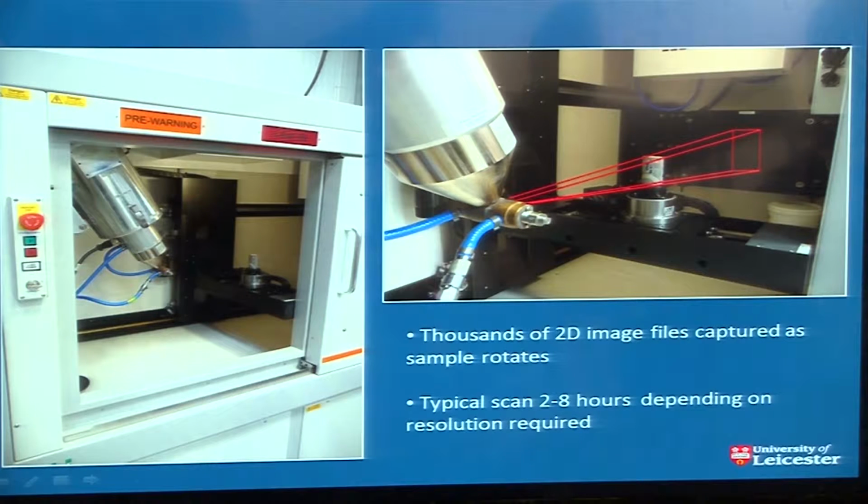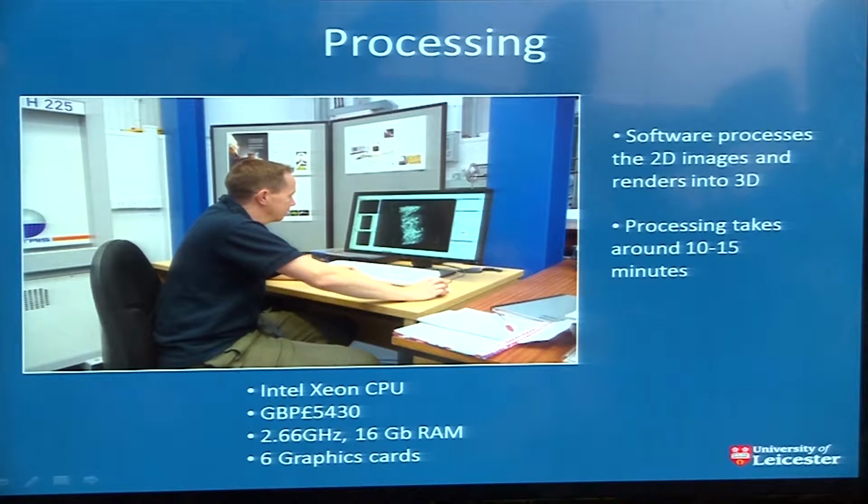We emit the X-rays, put it through the sample, and then the sample gets rotated, and we collect thousands of 2D images as that sample rotates over the course of one of these scans, which may be an hour or a few minutes for something low resolution, up to a few hours for something higher resolution.